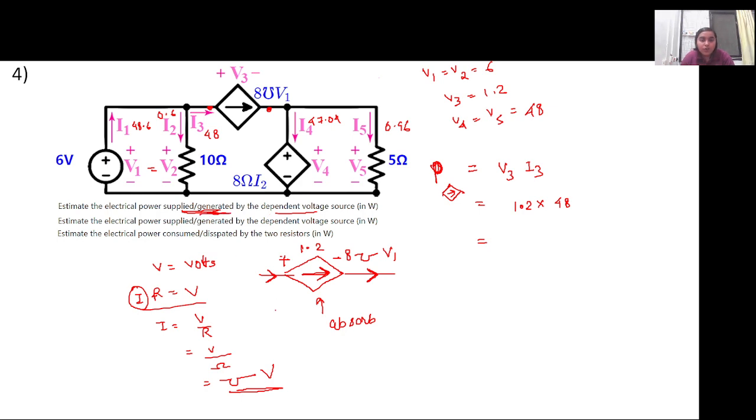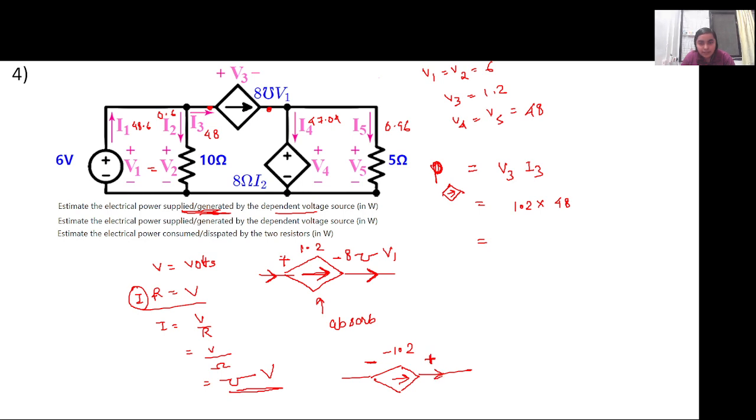So in order to calculate the power generated, we can assume that a minus 1.2 voltage drop is across this particular current source, right? So we just changed the positive and negative terminal.